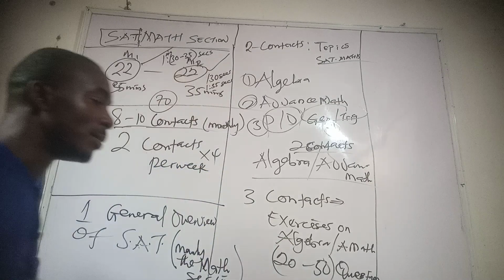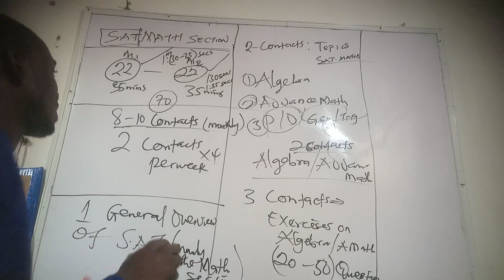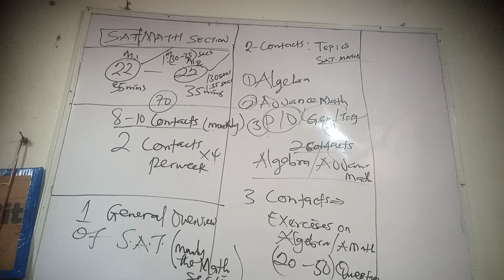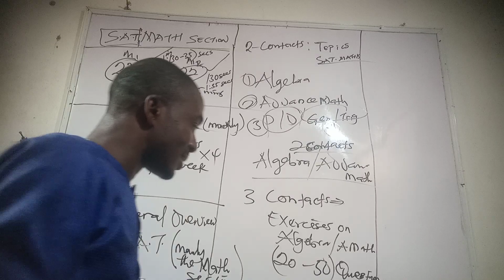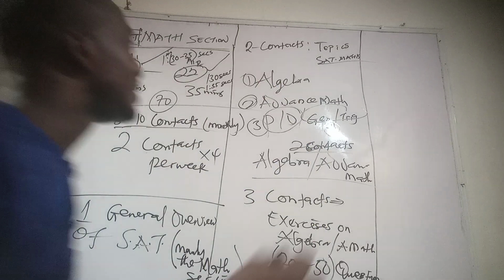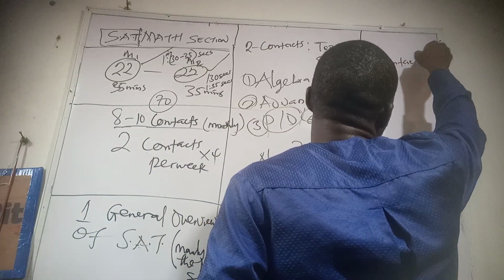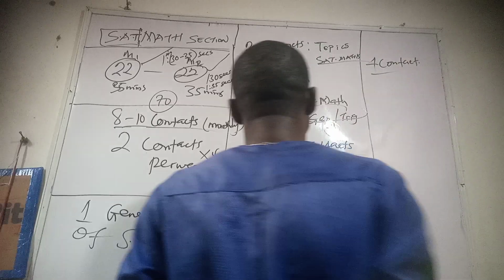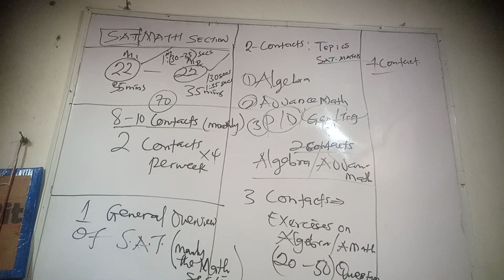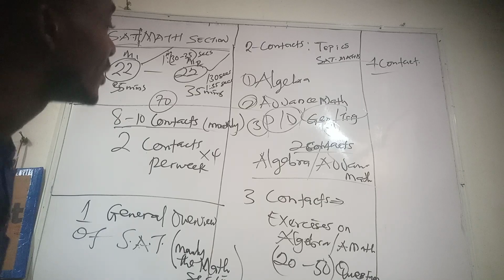So these are the things you gain in the class. Don't forget contact number 1: we do the general overview of the study, and if possible, we introduce you to the topics necessary under mathematics. In the general overview, the structure, the type of exam, how it takes place, everything, the introductory section will be done here.